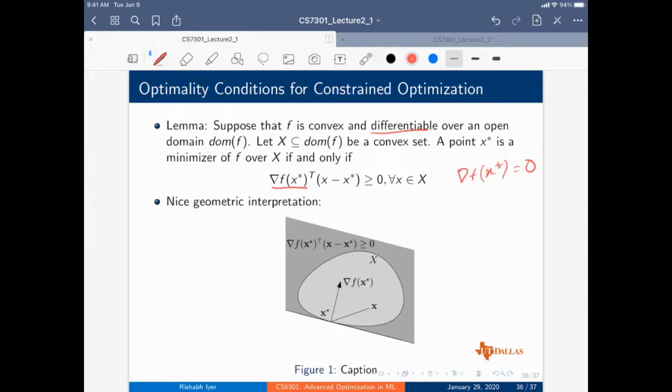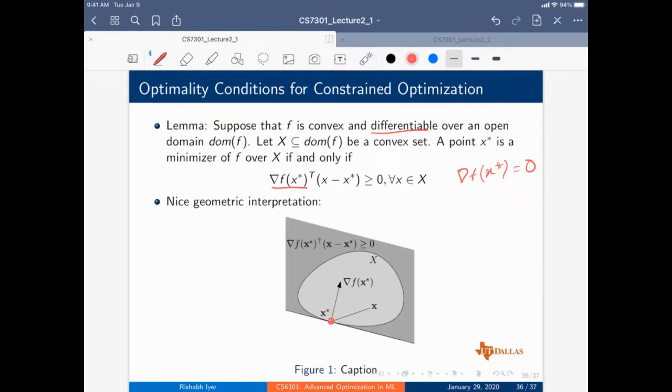This may not necessarily hold in the constrained optimization case, because the point where you have the 0 subgradient may not actually belong to the set X, right? So you're searching over a set which does not have the global minima of f everywhere. In that case, what will typically happen is that the minima would actually belong to one of the boundaries of the set X, right?